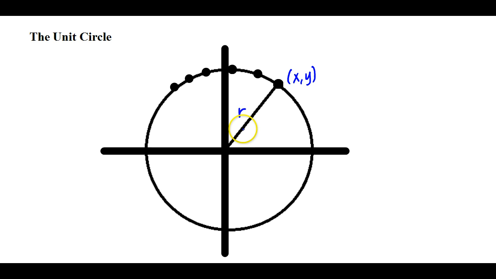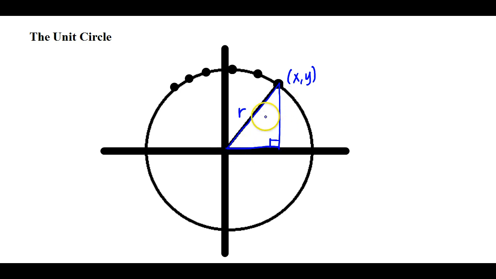The right triangle that I'm going to create includes the radius as part of it. And then once I get to the point that I'm searching for on the unit circle, I'm going to drop down a vertical line straight to the x-axis, because that's going to create my right triangle for me.